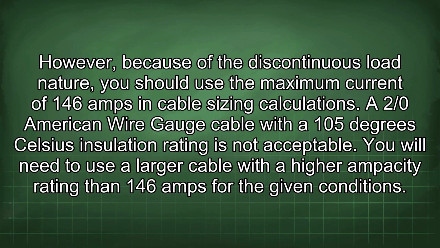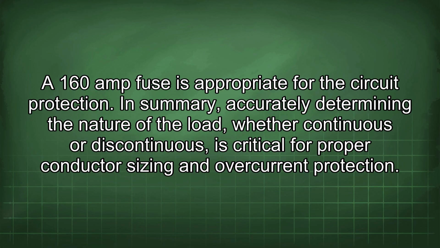However, because of the discontinuous load nature, you should use the maximum current of 146 amps in cable sizing calculations. A 2/0 American wire gauge cable with a 105 degrees Celsius insulation rating is not acceptable. You will need to use a larger cable with a higher ampacity rating than 146 amps for the given conditions. A 160 amp fuse is appropriate for the circuit protection.